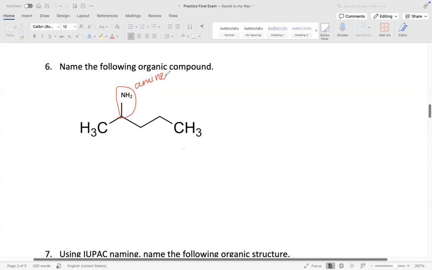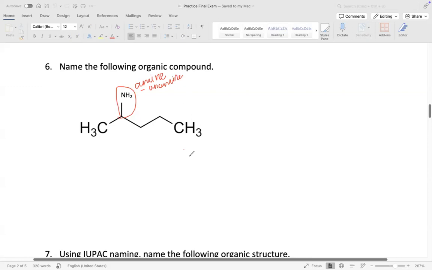If that nitrogen is also connected to a carbon that is double bonded to an oxygen, that would be an amide with a D, but here it's just an amine. So my first step is to identify the functional group. The ending for that functional group is amine. That's not very pretty, but I'll make it pretty later.